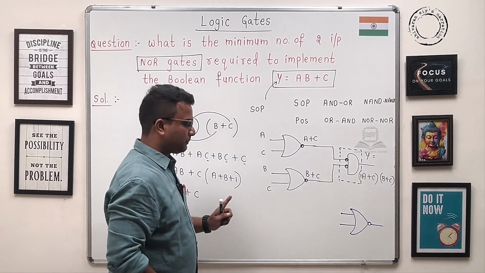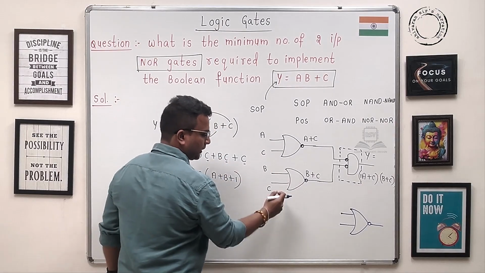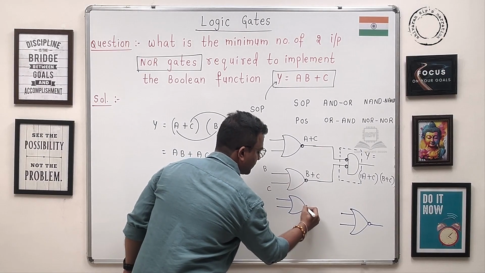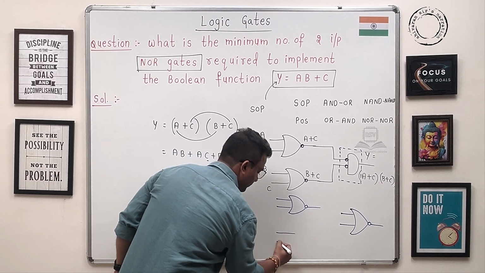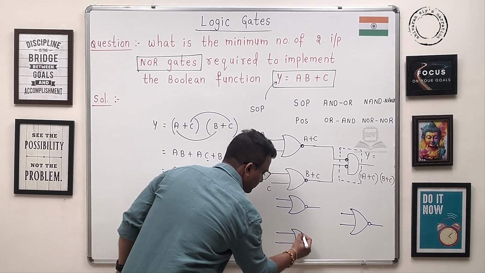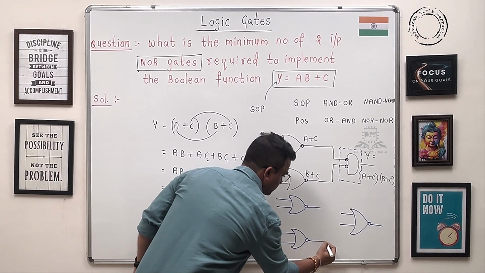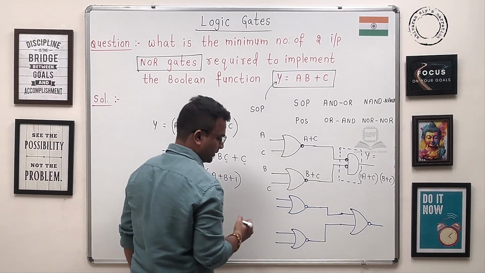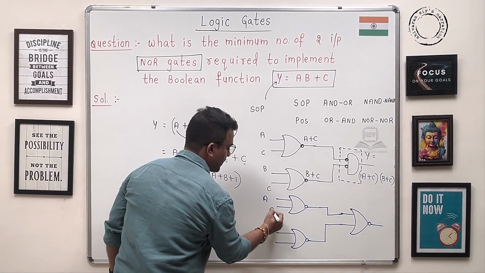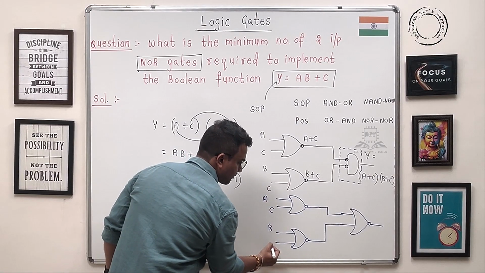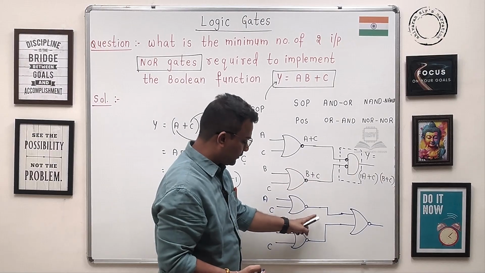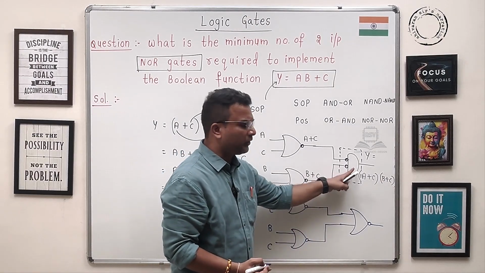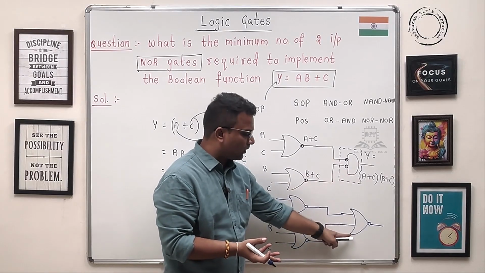Okay, now coming to the point. Here these initial gates as usual, this and this, and these outputs are connected like this. It is A plus C, it's B plus C. It is a two input AND gate only, this NOR gate.